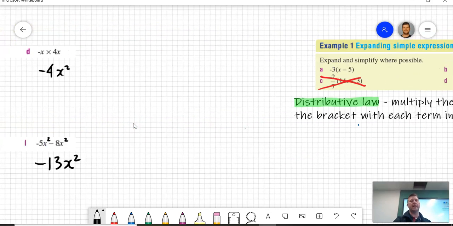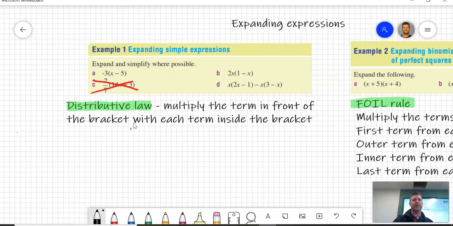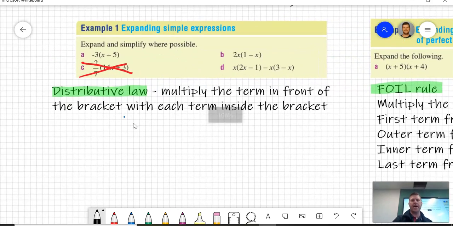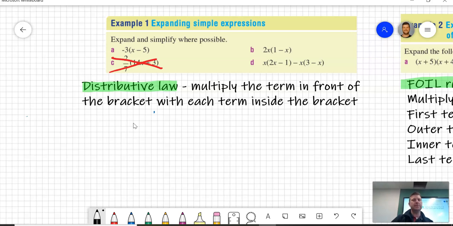Something we've looked at previously, and we're going to have a go at today, is expanding simple expressions using the distributive law. We spoke about this last term. The distributive law, remember, is you multiply the term in front of the bracket with each term inside the bracket. So starting with example A, I've got negative 3 in brackets x take 5.